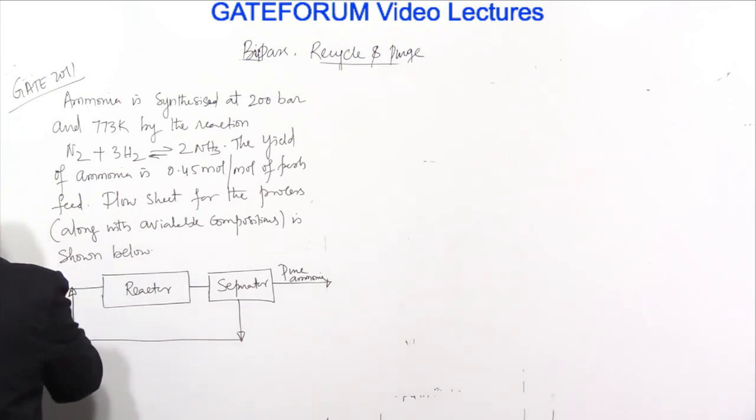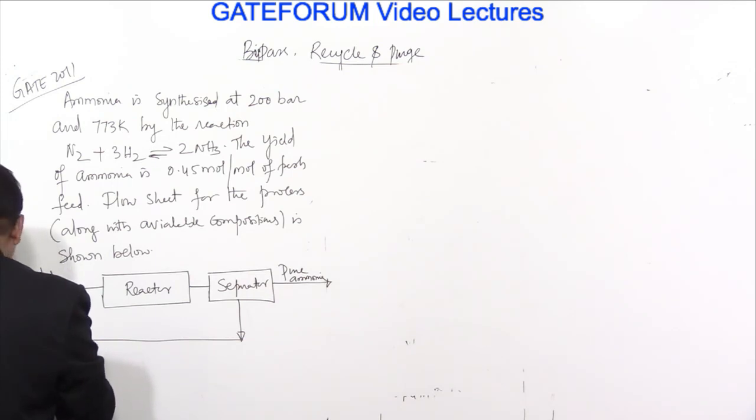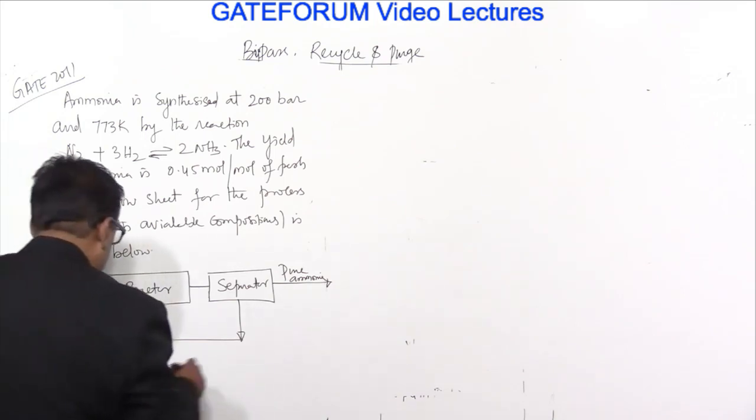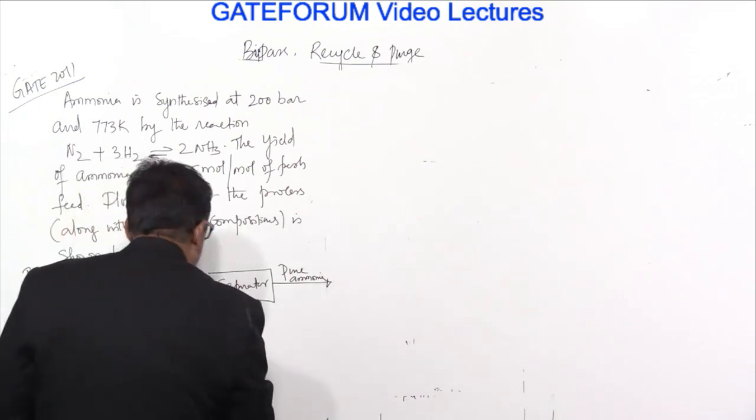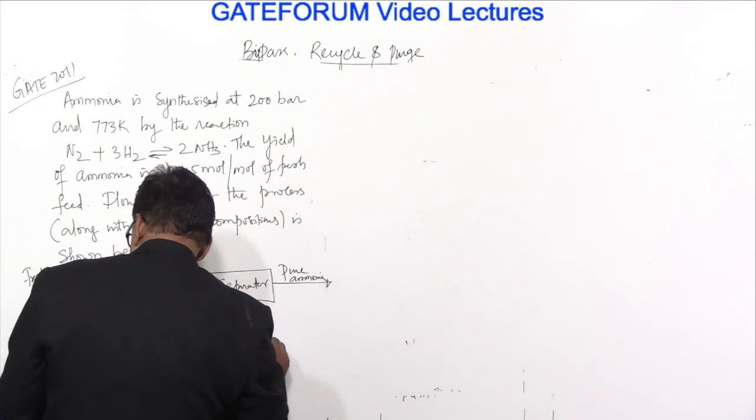This is the fresh feed, 75 mole percent H2, 24 mole percent N2 and 1 mole percent inerts, and this is the recycle and purge stream.